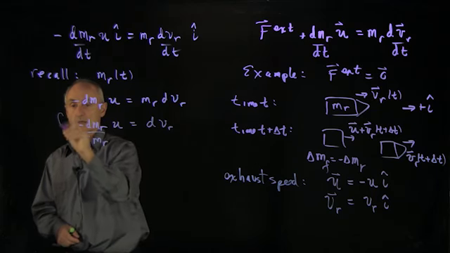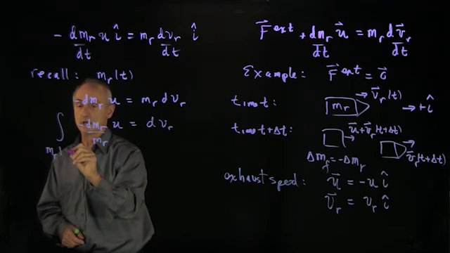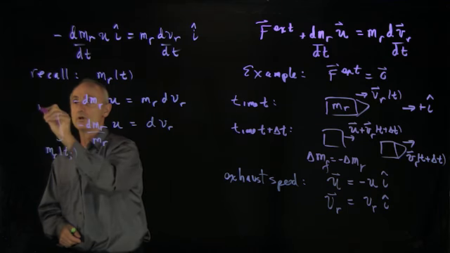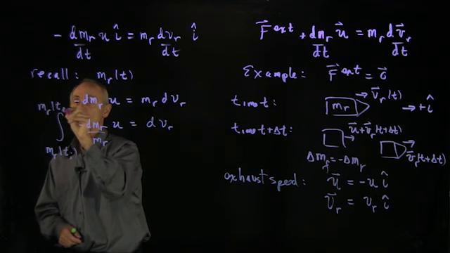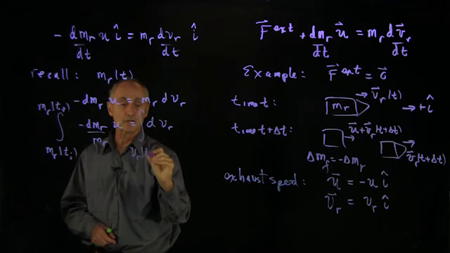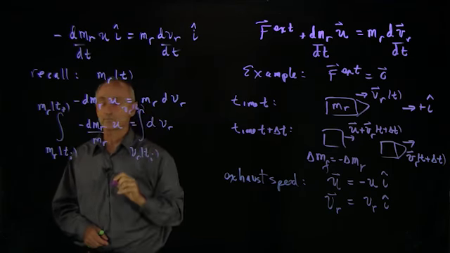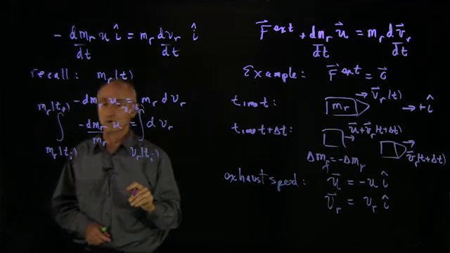Now, when we integrate, we're going to be integrating the mass of the rocket, say at some initial time, t initial, to the mass of the rocket at some final time. And over here, we're going to be integrating the velocity from some initial time to some final time. And both these integrals are straightforward.